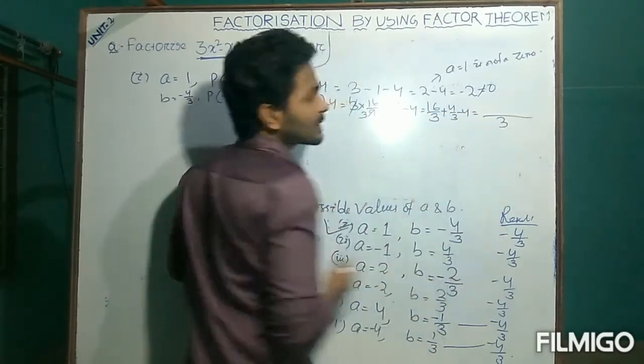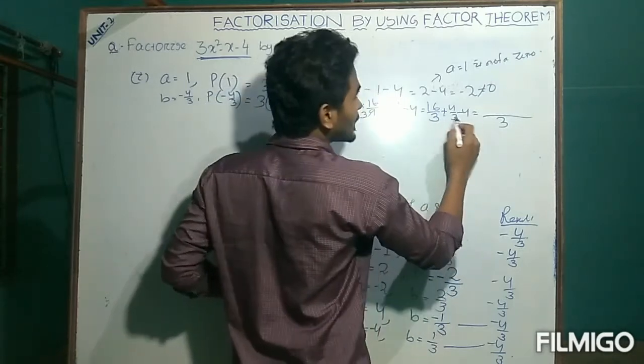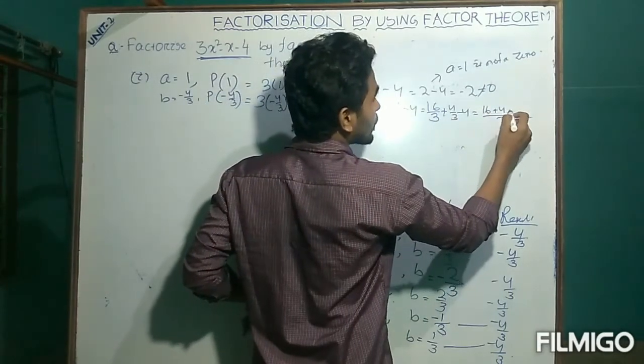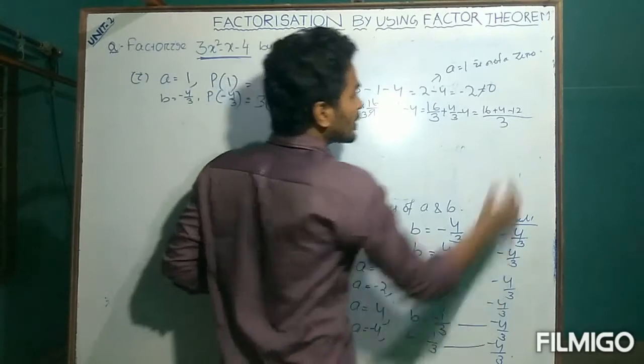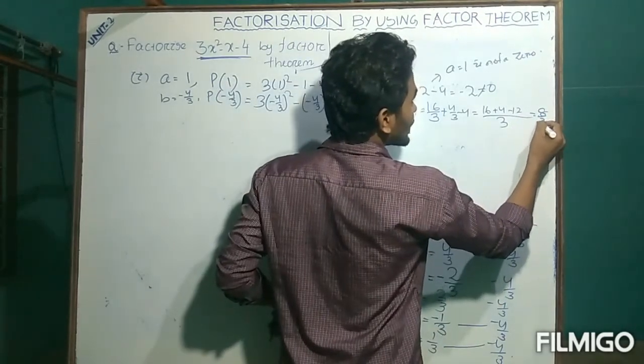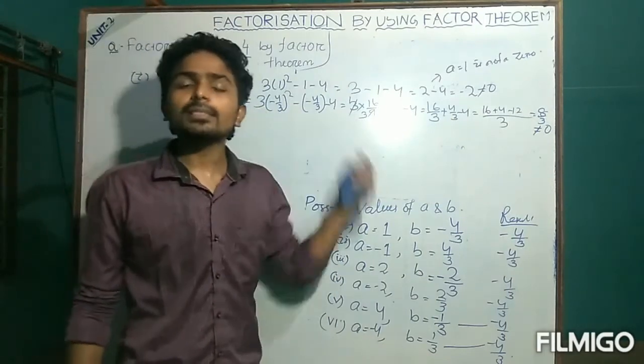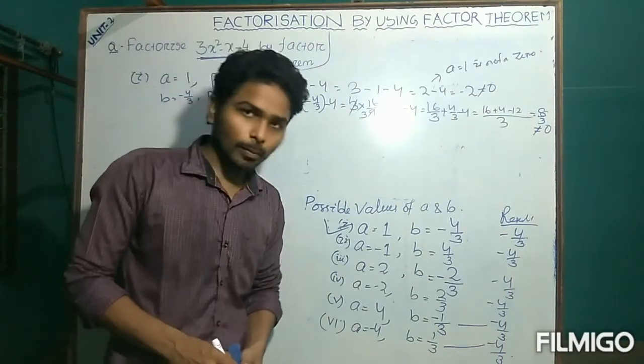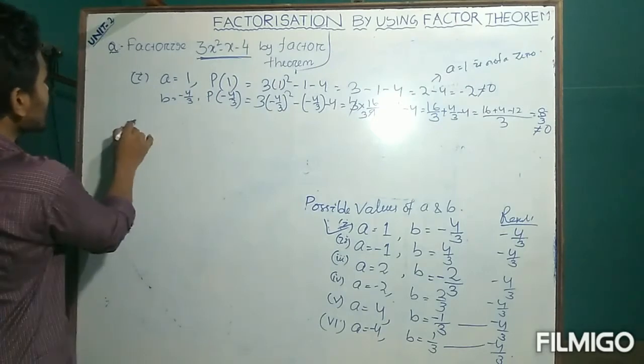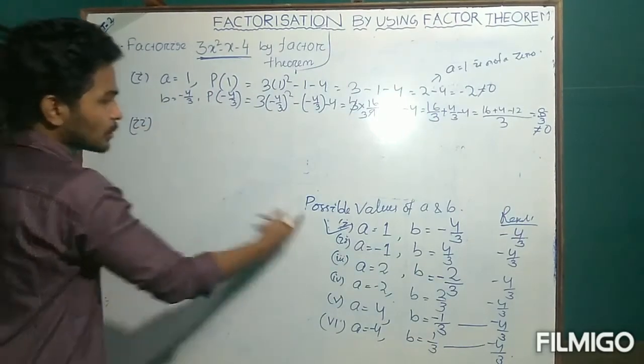With 3 as the denominator or LCM, it is 16 plus 4 minus 12, so the result will be 8 by 3. Here also it is not equal to 0. That means b is equal to minus 4 by 3 is not a 0 of the polynomial. You can write it. Now let us check with assumption 2.